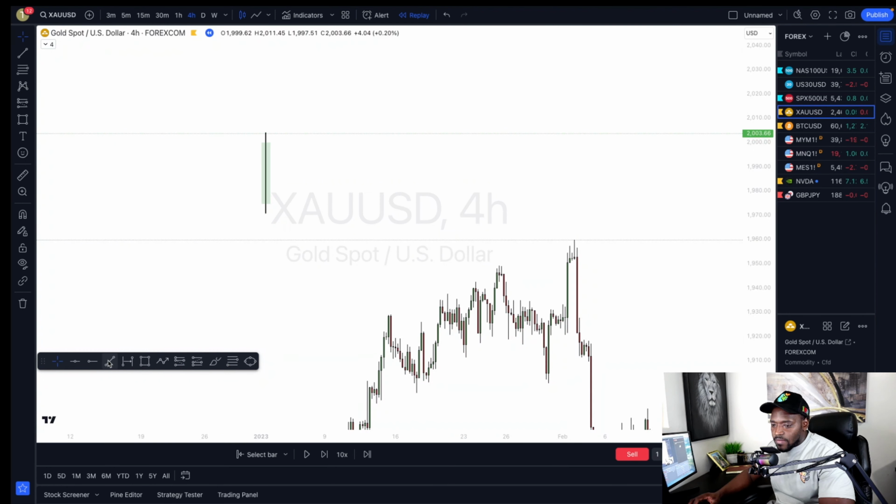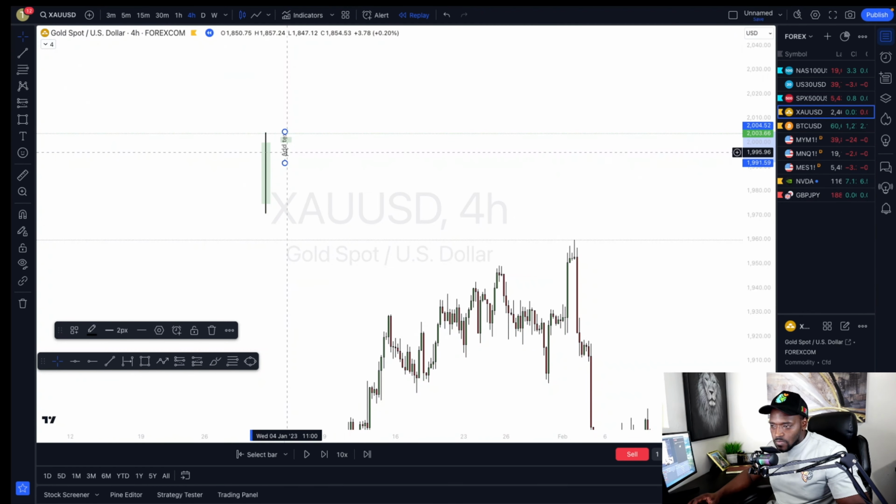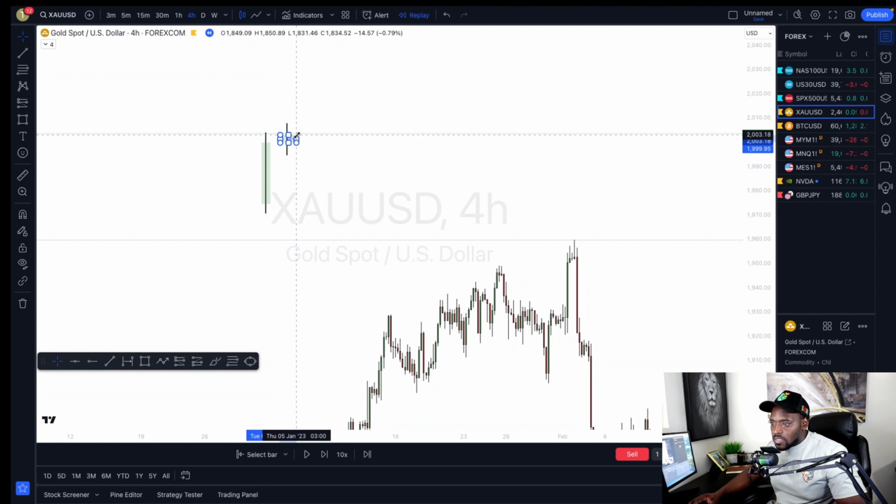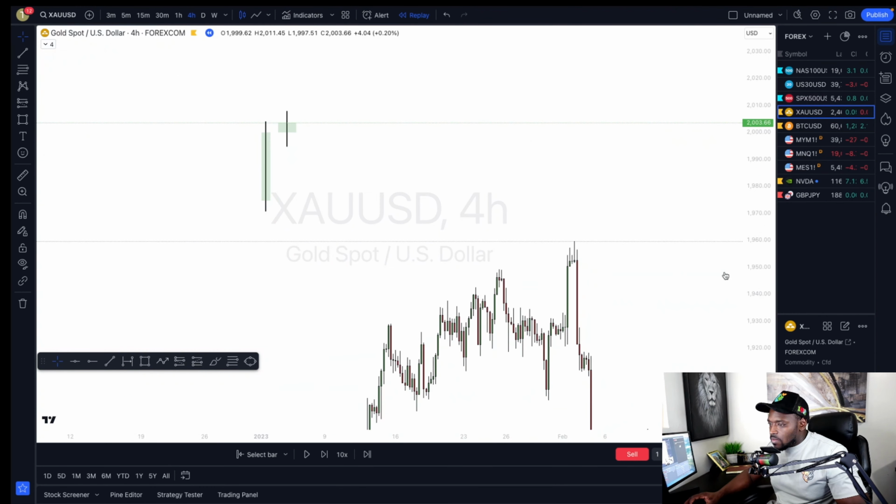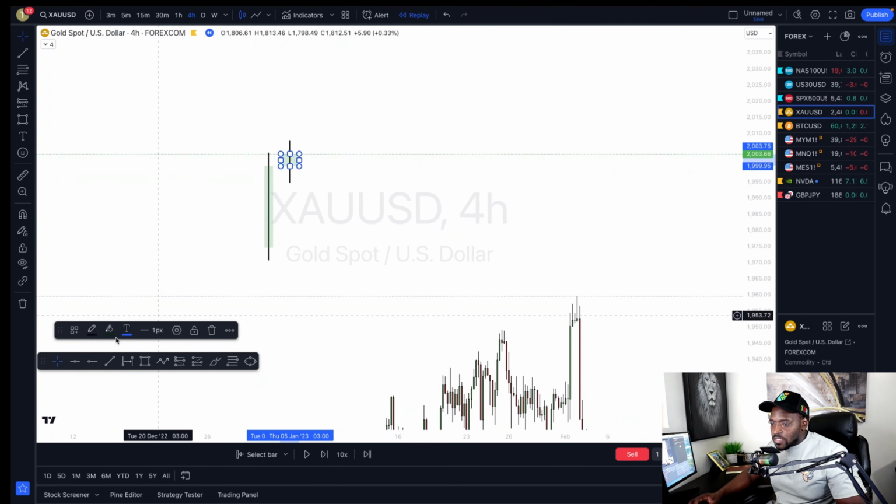And then you have another candlestick that is much weaker, right? And you can see that it's much weaker, and let's say this is bearish. It doesn't really matter though.